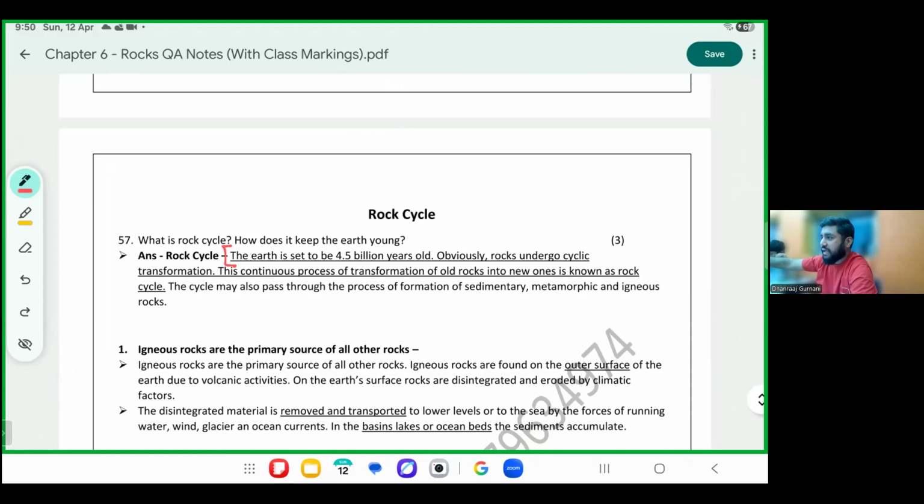One eruption happens again, resulting in that metamorphic turning back into igneous. The age-old rock which went through igneous, sedimentary, metamorphic becomes igneous back again. An old rock becomes new rock. This process of formation of sedimentary, metamorphic, and igneous continues forever.